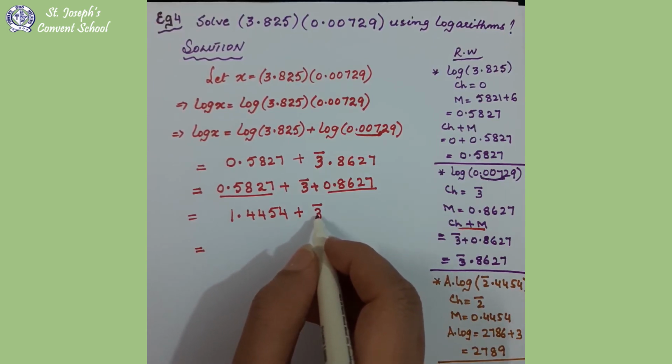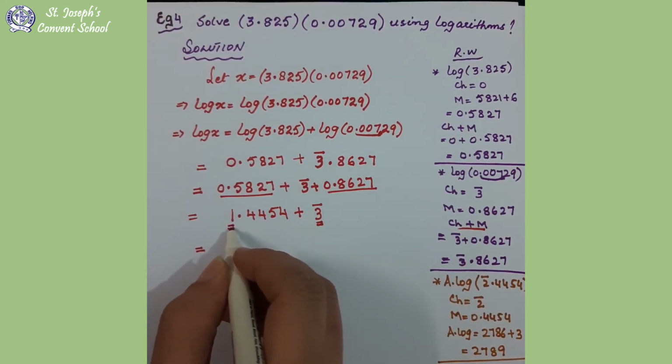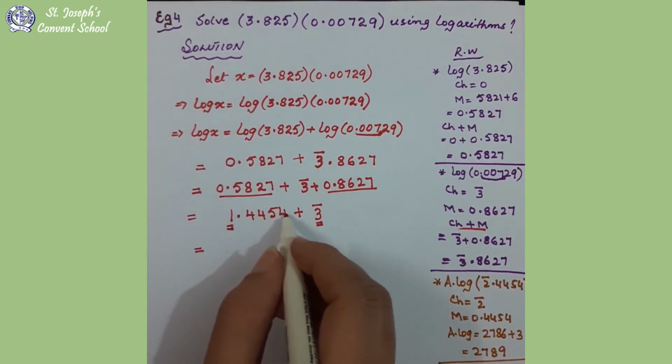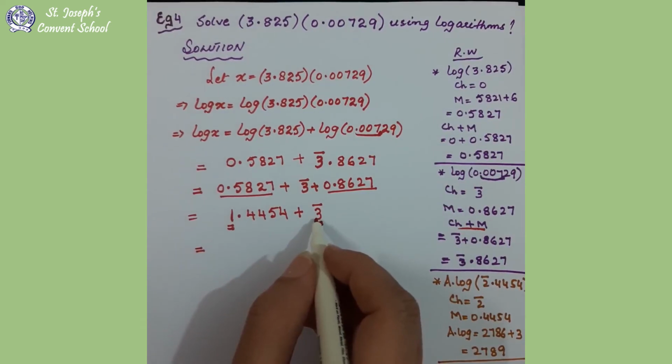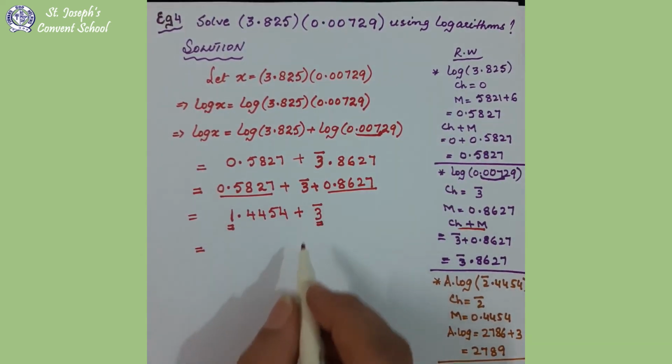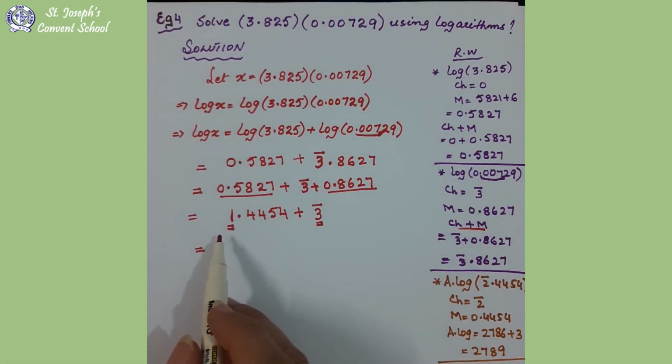This is the integral part actually. This integral part and this integral part. Don't solve the whole number, just the integral part, the number before the decimal, 1 and this bar 3. So you will subtract these two. Bar 3 means minus 3.